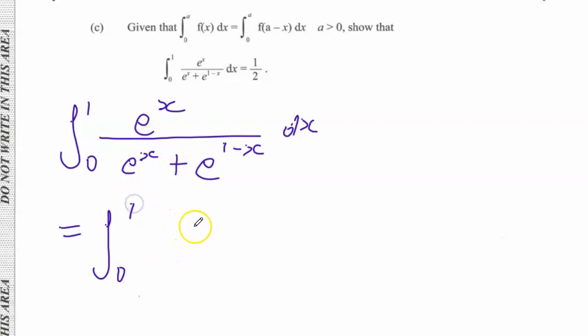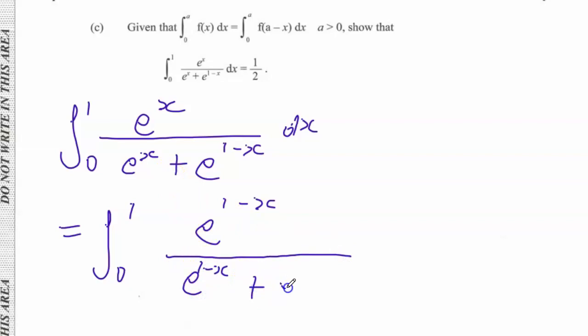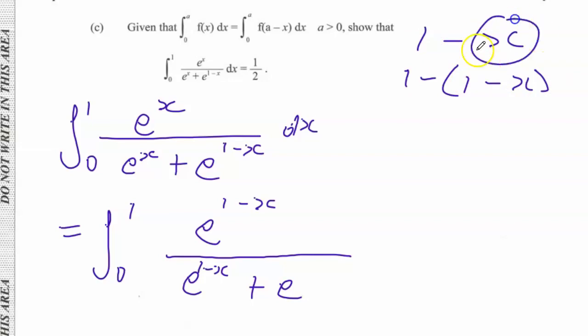The integral from 0 to 1 of e to the 1 minus x, over e to the 1 minus x, plus e to the, and again we're replacing x with 1 minus x, so it's 1 minus, we're replacing this x with 1 minus x.